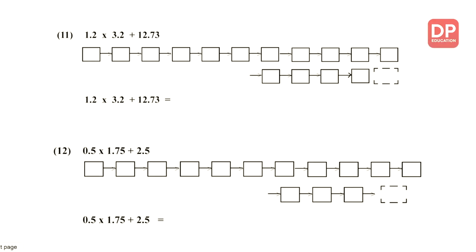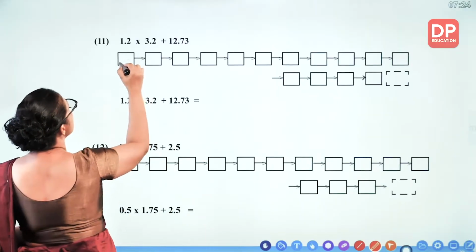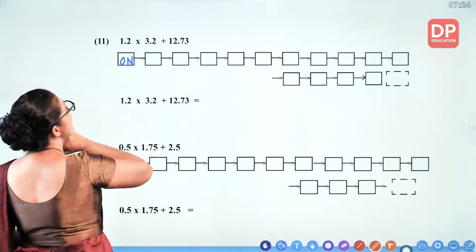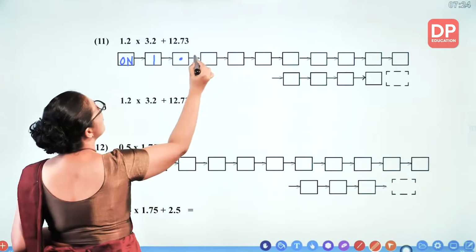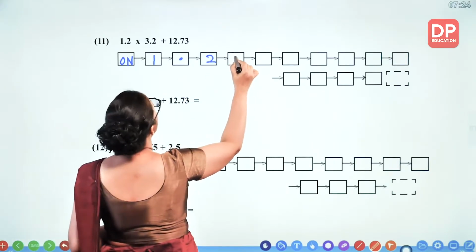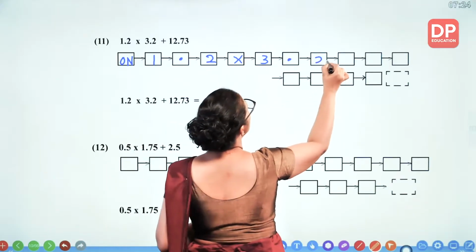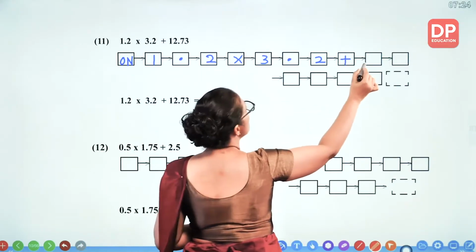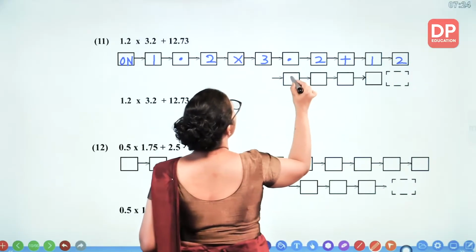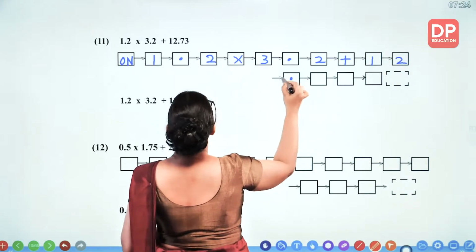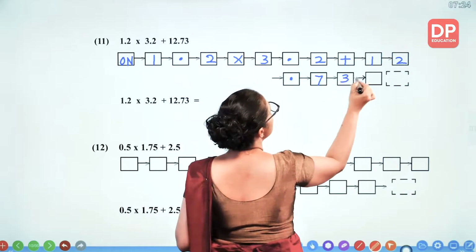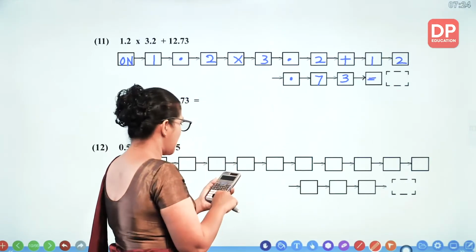Now this is multiplication and addition. Same method. Just switch on the calculator. 1.2 multiplied by 3.2, add 12.73, then the equal sign.